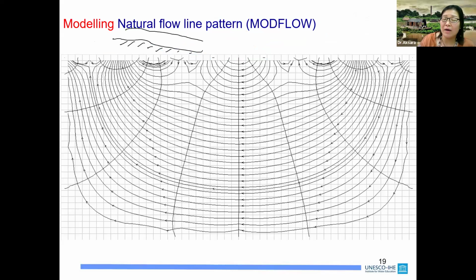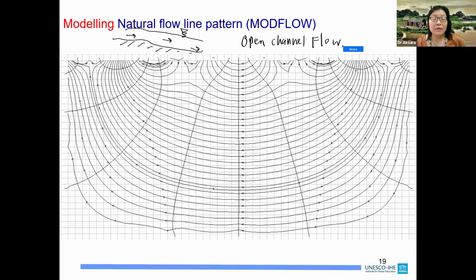I'm looking at the long profile, the long cross section of the flow in a stream or river. So this is my water level. So if you have water flowing like that in open channel flow.